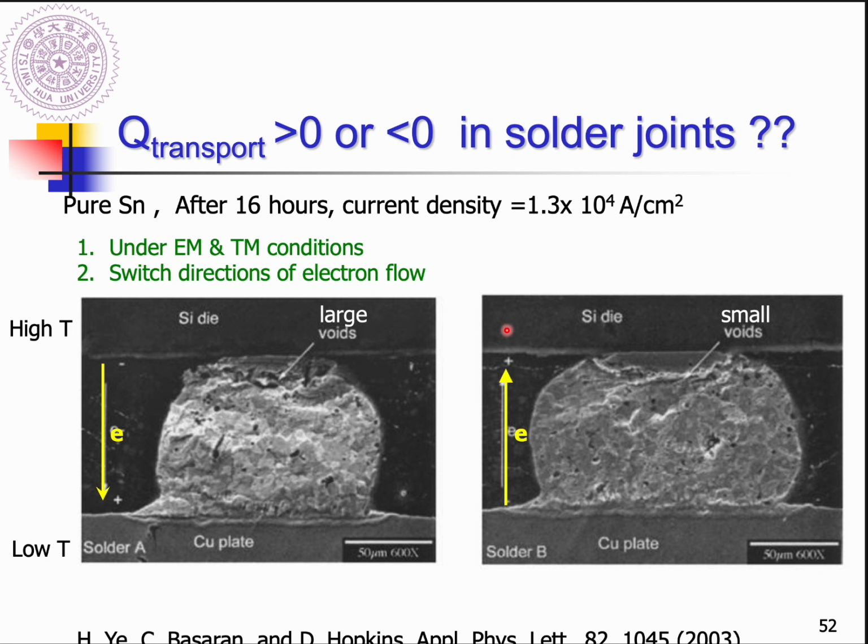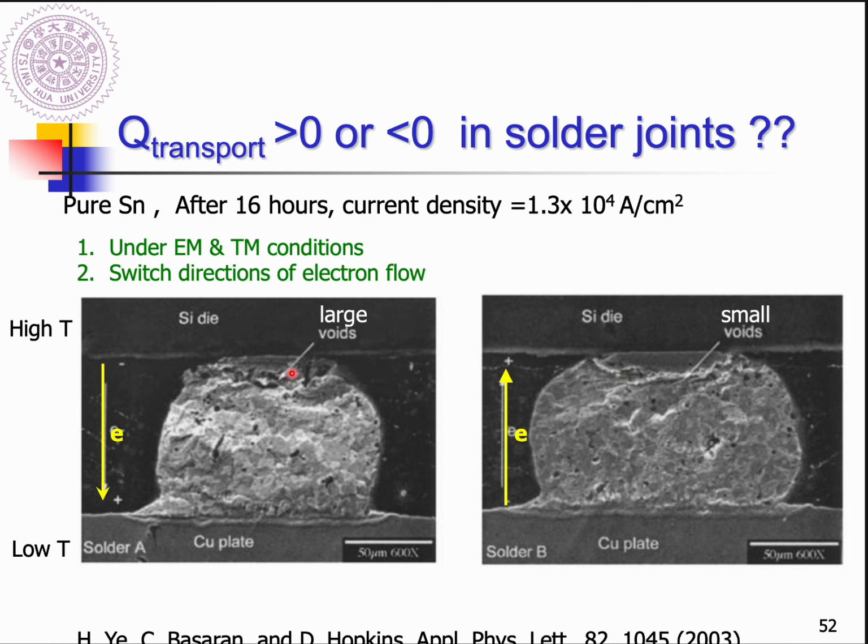Next, they switch the direction. After 6 hours, they observe the voids get smaller, so only a smaller void forms near the silicon substrate side. So based on this type of design, by simply switching the direction of electron flow, they successfully estimate the sign of the heat of transport.